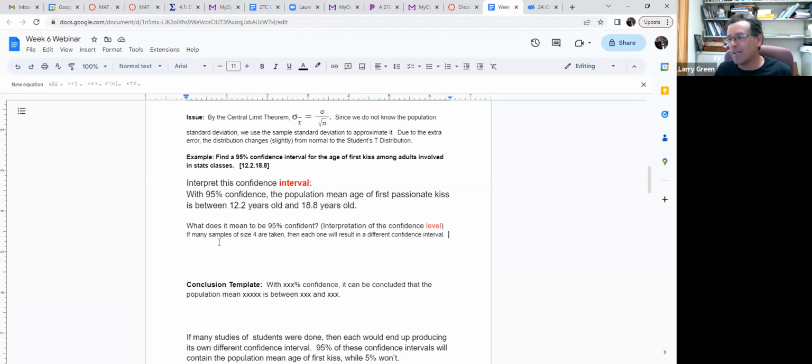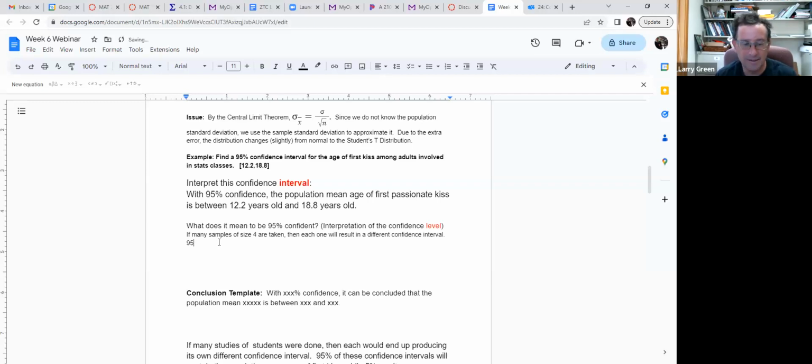Whereas if you don't contain the population mean, you said, hey, I'm 95% confident it's between 12.2 and 18.8, but maybe it wasn't. So they're all going to result in a different confidence interval. So 95% of these confidence intervals will contain the true population mean age of first kiss.